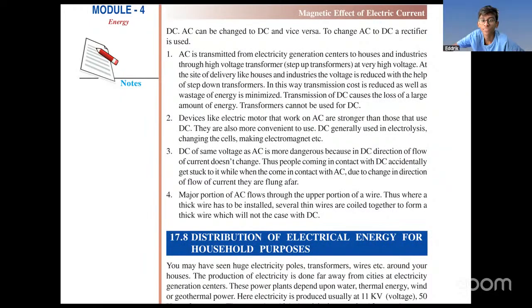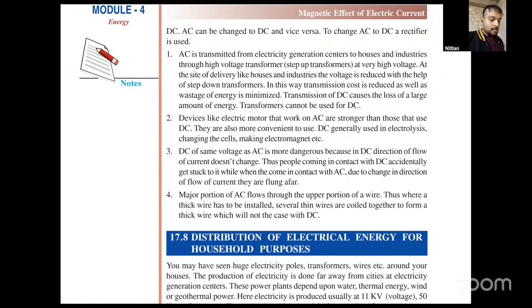So, did you understand what I'm trying to say? Yes, sir. So the step down transformer is basically used so that we can reduce the voltage to 220 volt and we can use the current.